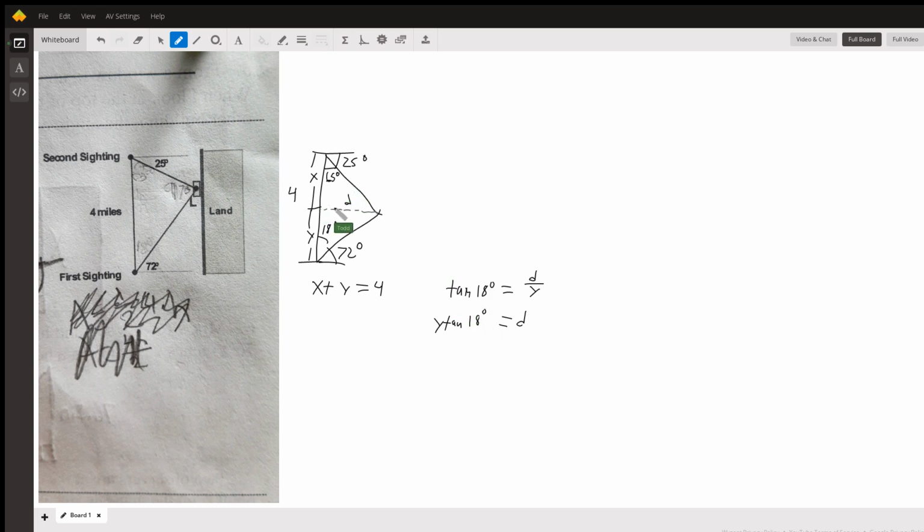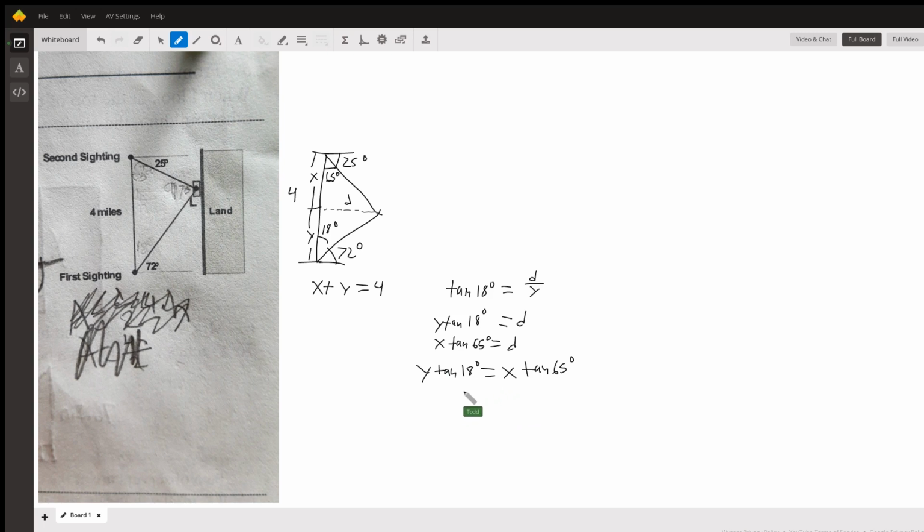And then we could go through the same process for the top triangle to get that X tan of 65 is also equal to D. And so what that tells us is that Y tangent of 18 degrees is equal to X tangent of 65 degrees. Right, and so we now have two equations, two unknowns.